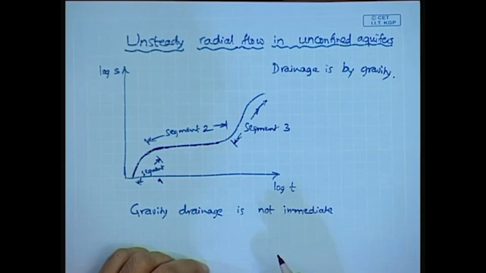And so the water flow towards a well in unconfined aquifers is characterized by slow drainage of interstices.